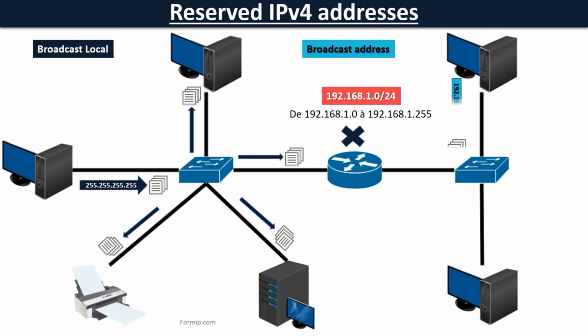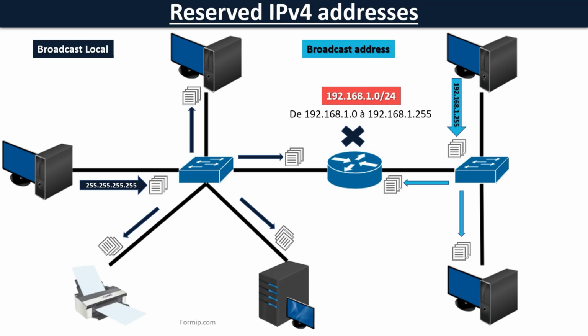A broadcast is a special address that allows communication with all hosts on the same network. This packet will only be propagated to machines on the same subnet. The broadcast address is the highest address in the IP range of the network, that is, the one where the bits of the host part are all 1.